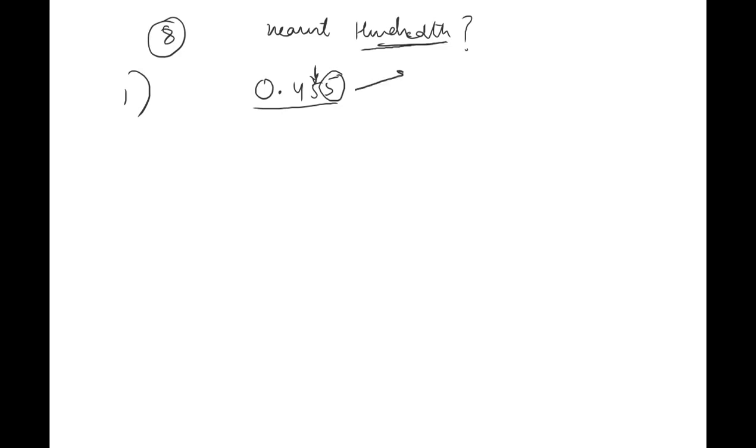Now if we see, the original number could have been this also. It could have been this also, isn't it? So when we round it off to the thousandth place, it becomes this.